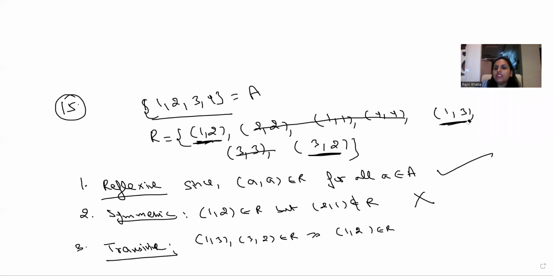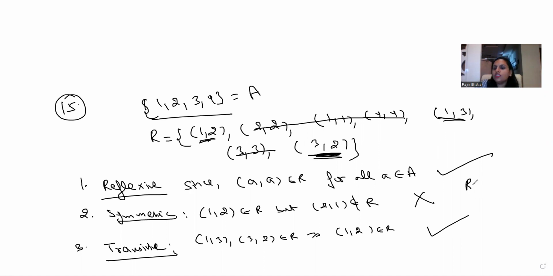The next part is 3, 2. We need to search for 2, something. 2, something is not there. 1, 2, 1, 3: 2, something is not there. It means we have only one condition to check, and on that condition it was transitive. So therefore this relation is transitive.